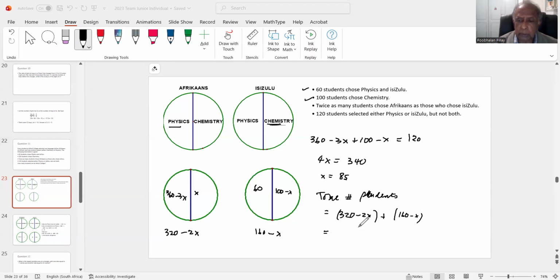So that gives you 320 plus 160 is 480 minus 3x. Okay, so that's the total number of students. And 3x is 255.